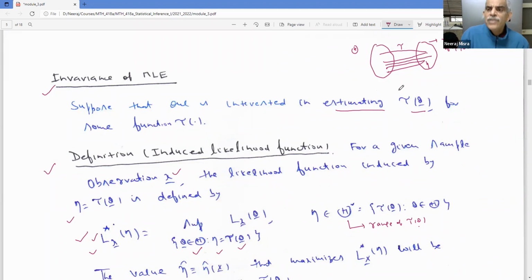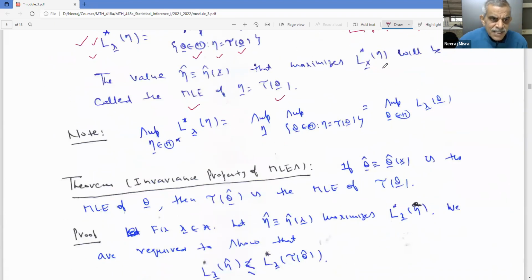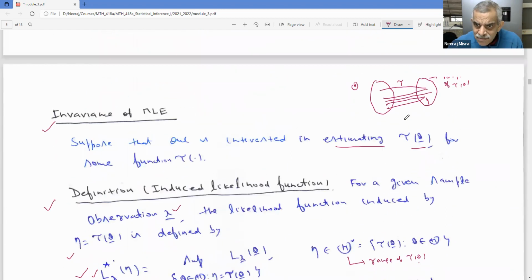So essentially, as you are varying eta, you are considering the supremum of the whole Lx theta. And that is what this note says. Note that the supremum over Lx star eta as eta varies over theta star is the same as the supremum of Lx theta as theta varies over whole theta. That is clear from this figure.